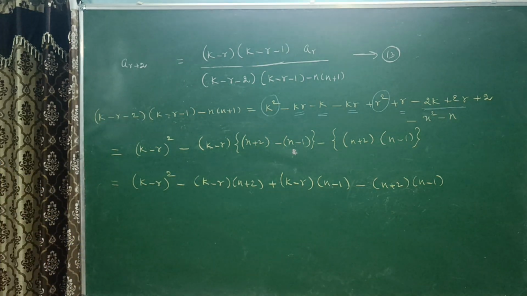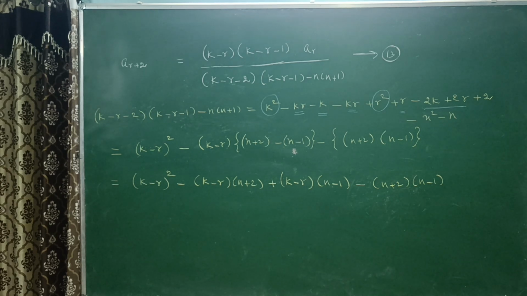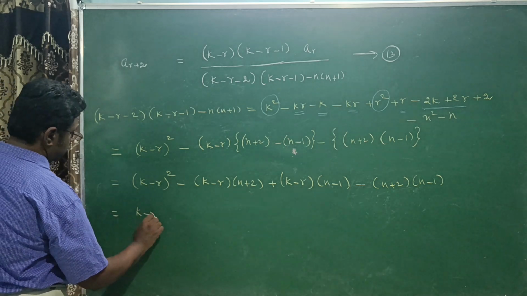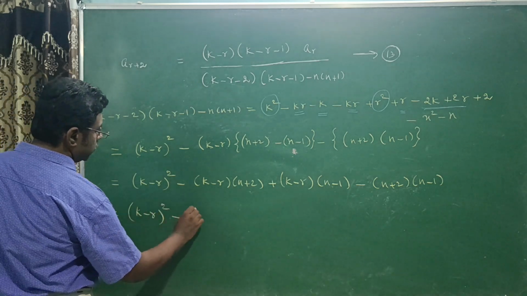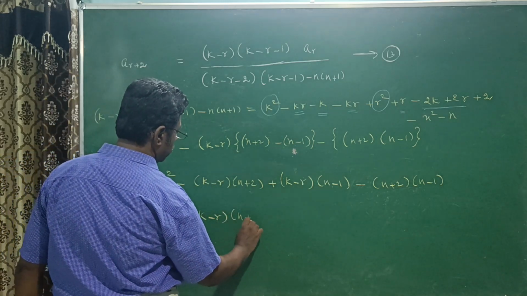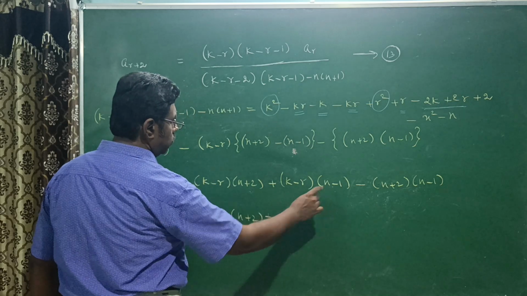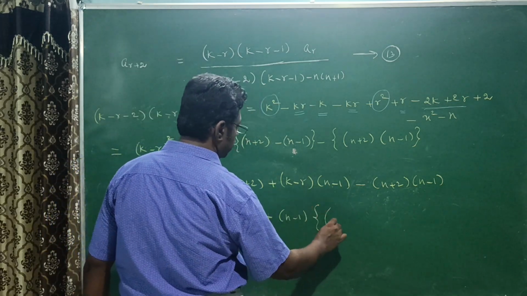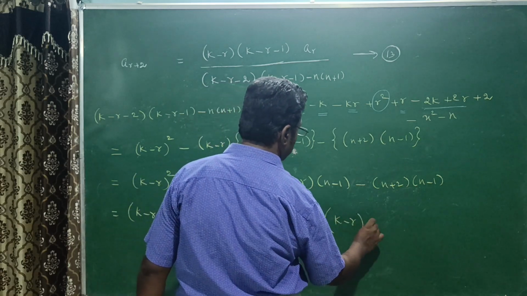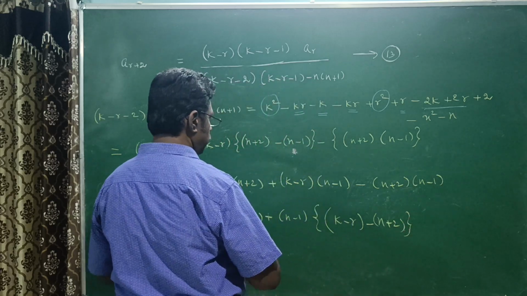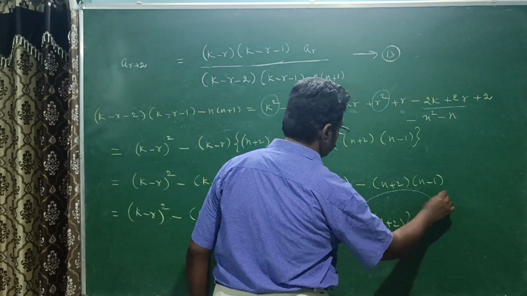Just we have operated the terms internally. Now the above equation is further modified as (k minus r) whole square minus (k minus r) into (n plus 2). Here take out this n minus 1 outside, then (k minus r) minus (n plus 2). Just we have combined these two terms.